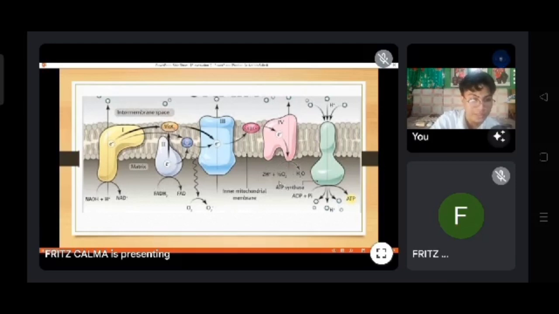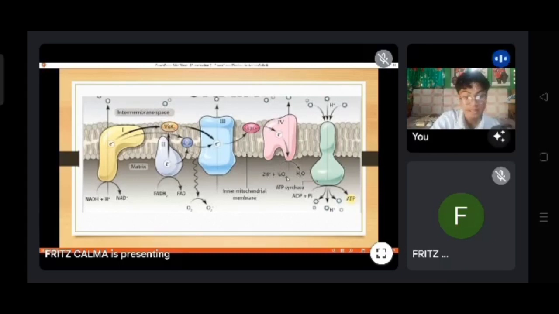So, yung na-produce po dito is water molecules po. So, sa lahat po ng complexes, from complex 1 to complex 4, bali sa kabuuan is magpapasa-pasa lang po sila ng electrons from one another, and then magpuproduce po sila ng tinatawag na water molecules.